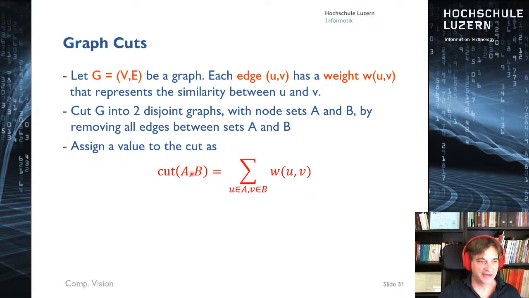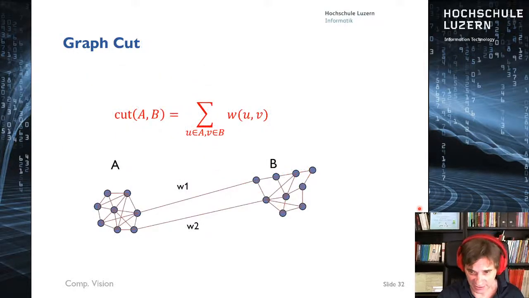So the cut of A, B is the sum of all weights between u and v, where u is a node in A and v is a node in B. Here, an easy example: if you have those A and B, and you have only those edges between them, then the value of the cut between A and B would be W1 plus W2.